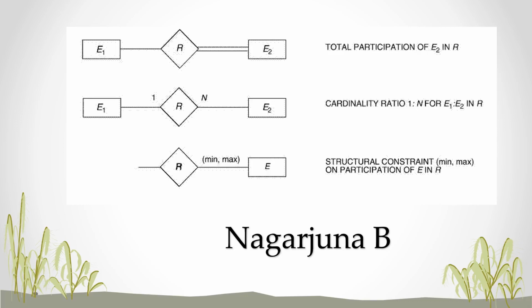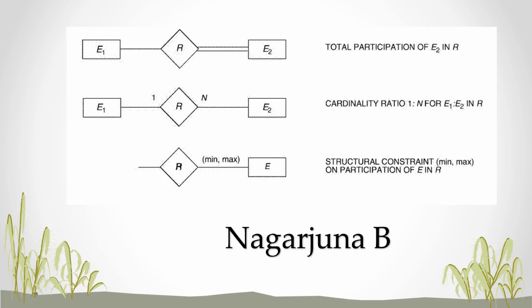In what way? 1:n. 1:n in the sense one entity in E1 can be related to many entities in E2.